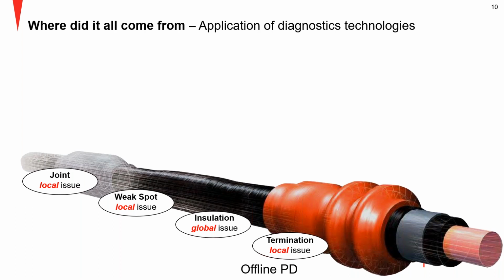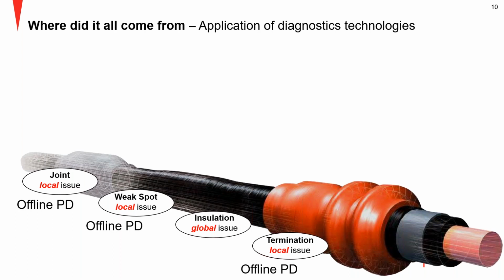And then there is a type of fault that is mainly in the accessories, that is very sensitive to the gradient of the voltage, and that will be very important later, so keep that in mind. You have local issues and global issues, okay, that affects the technology you can use.